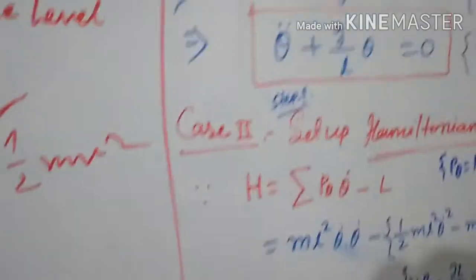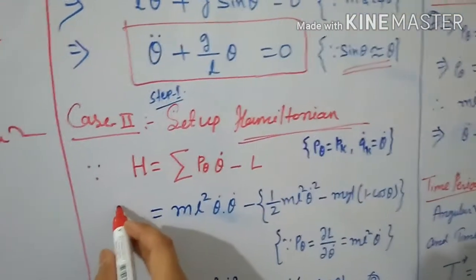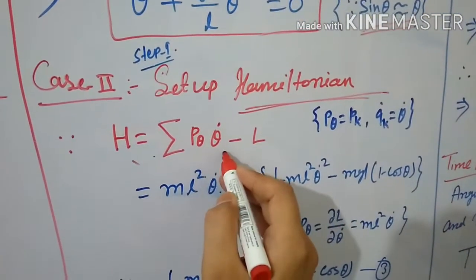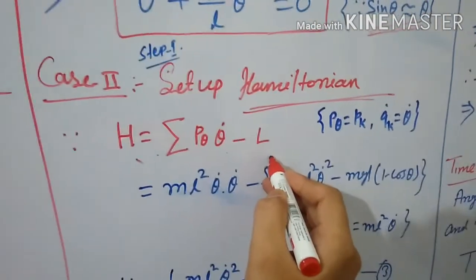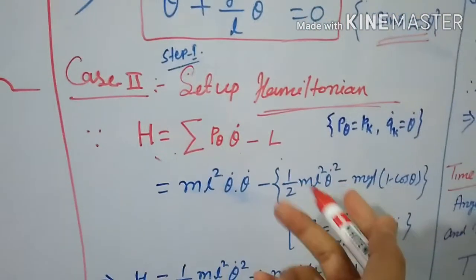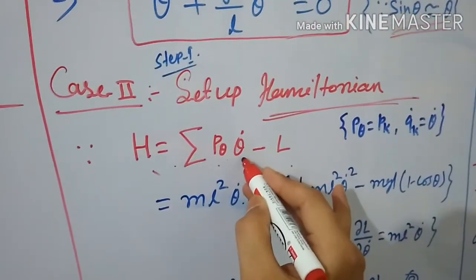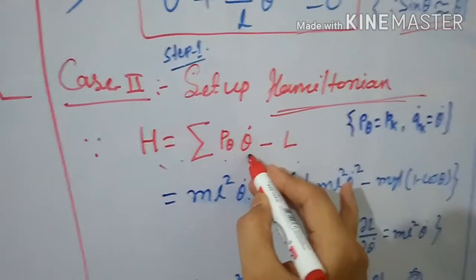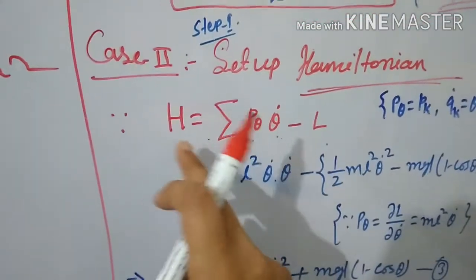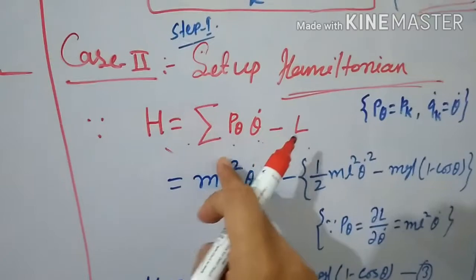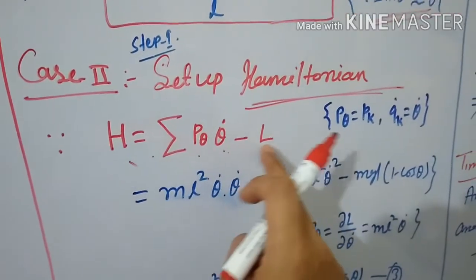Since we know that Hamiltonian function is given by H equal to summation p k q k dot minus L, and in this term we have p k equal to p theta and q k equal to theta. So this reduces to H equal to summation p theta theta dot minus L.